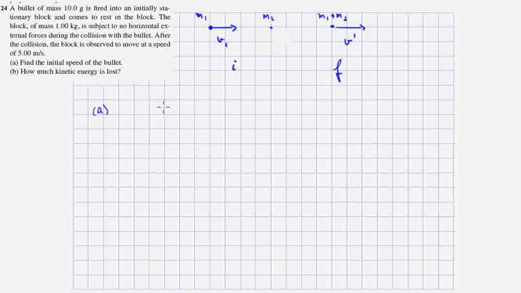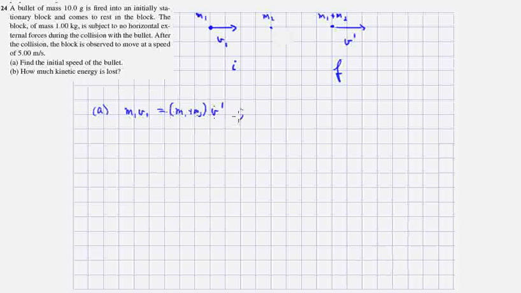The context of the problem indicates that momentum is conserved. Only the internal force of the bullet on the block and the block on the bullet are there, and therefore momentum will be conserved. And so the initial momentum is the momentum of the bullet, and the final momentum is the momentum of the block and the bullet as a unit.